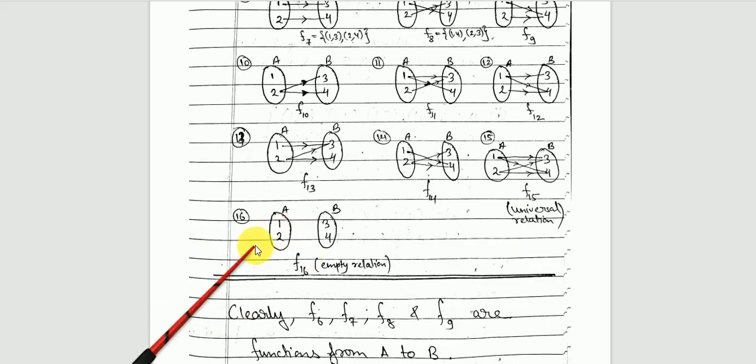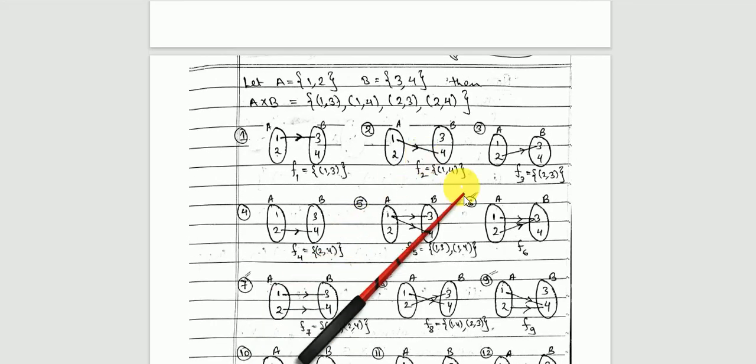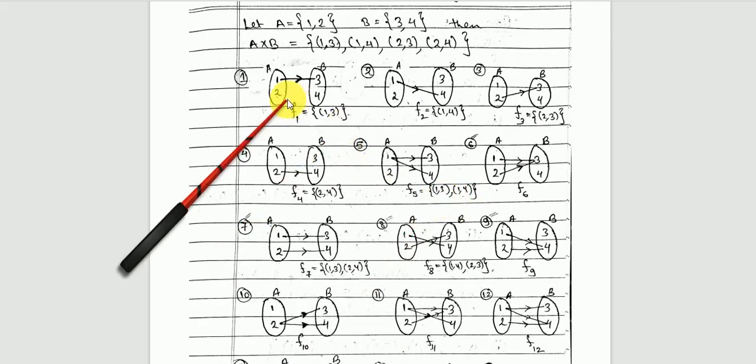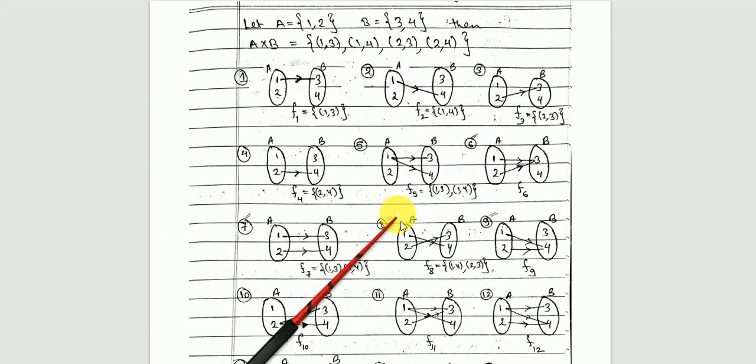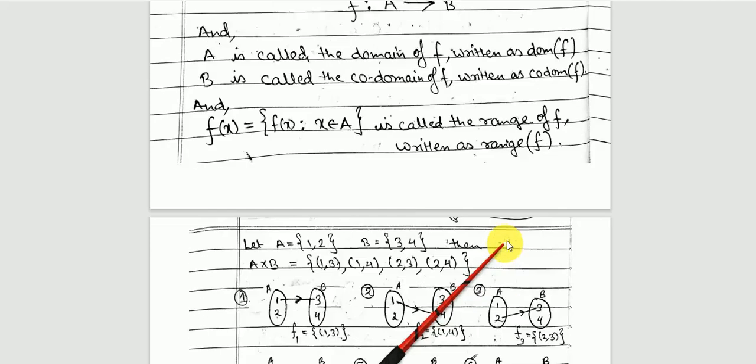And this is empty. You can see these elements are not related to any one of the elements of B. So you can see out of these 16 relations, only 4 are functions.